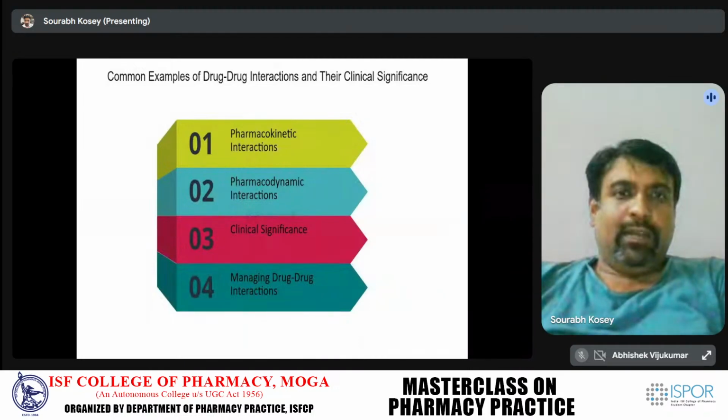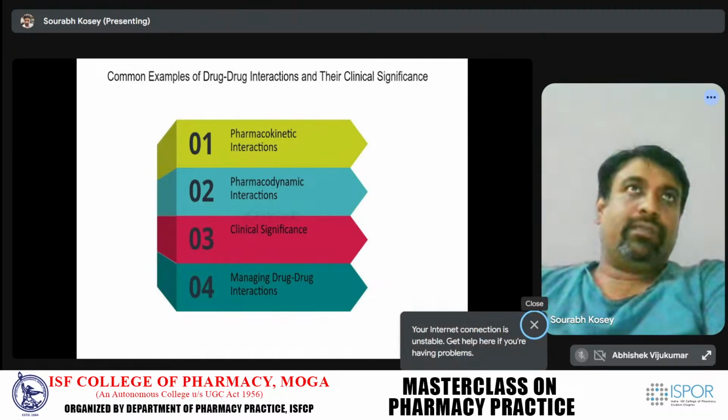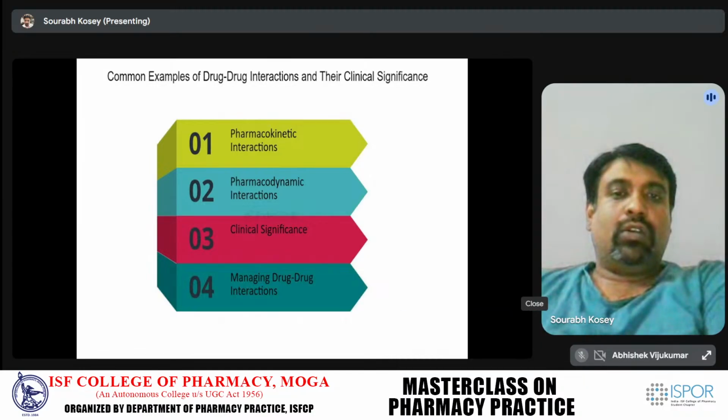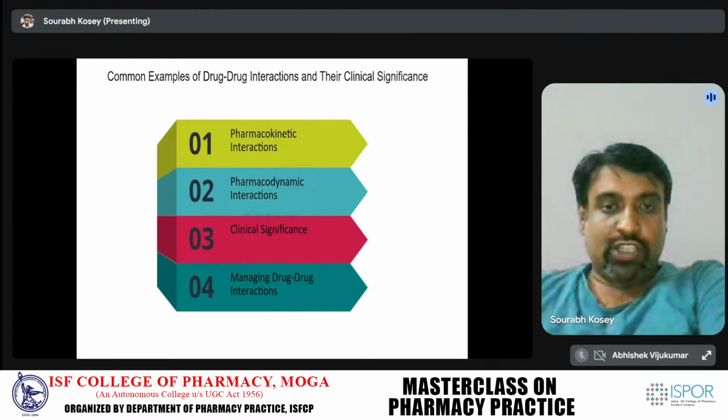So pharmacokinetic, pharmacodynamic, and clinical interactions. When we go on ward round and collect the case, you find a case where six or seven molecules are written by a prescriber, clinician, or physician for a patient.